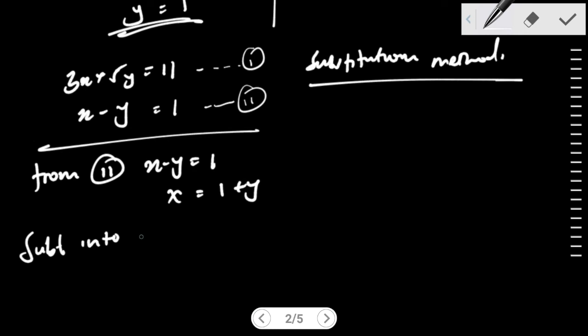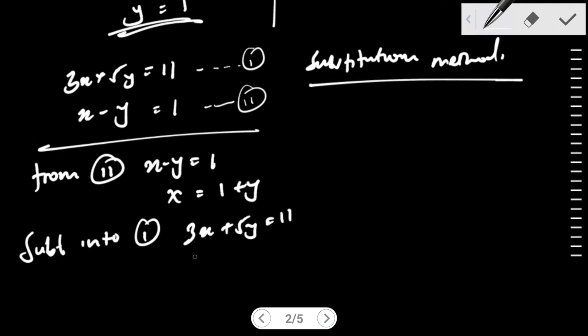Having done that, now I substitute into equation 1. My equation 1 states that 3x plus 5y would be equal to 11.